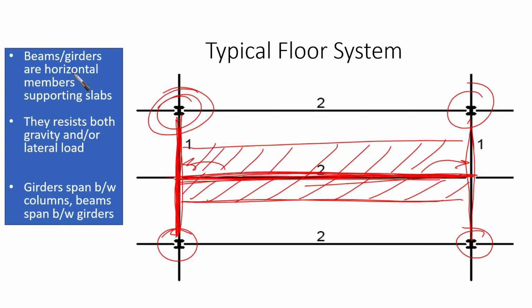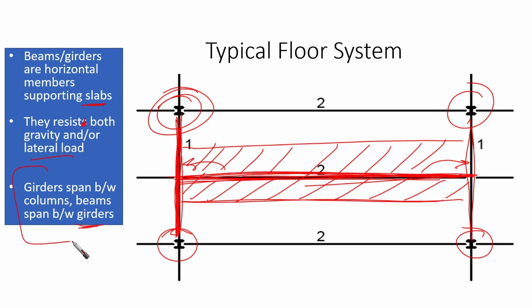So these beams or girders are horizontal members supporting slabs. As we said, they resist both gravity and/or lateral load. Girders span between columns and beams span between girders.